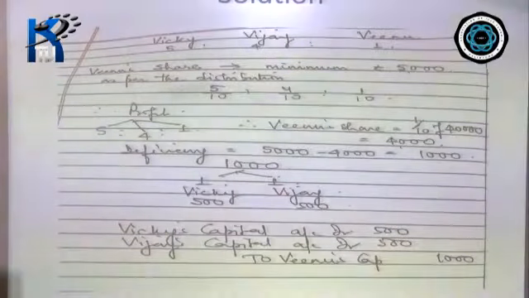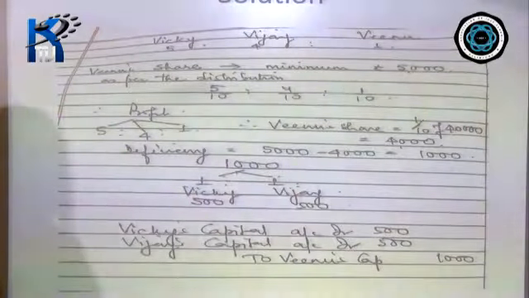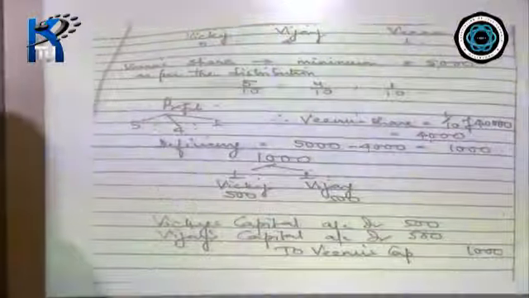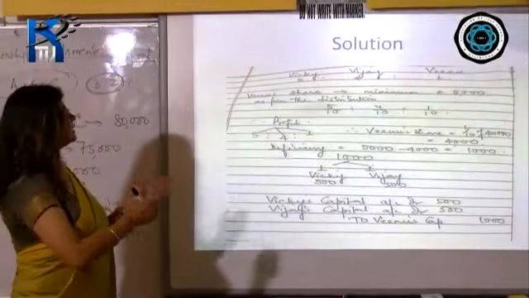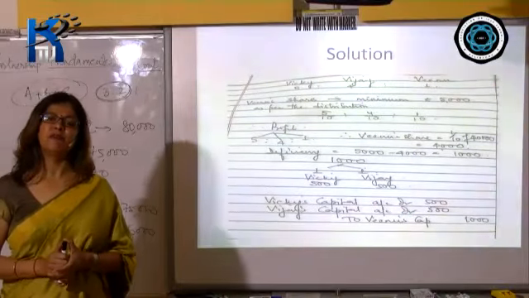The profits have been bifurcated as 5:4:1. And when we calculate Vinu's share, that is 1/10 of 40,000, it comes out to be 4,000. What was the guarantee? The guarantee was 5,000, but Vinu is getting 4,000. That means there is a deficiency of 1,000.